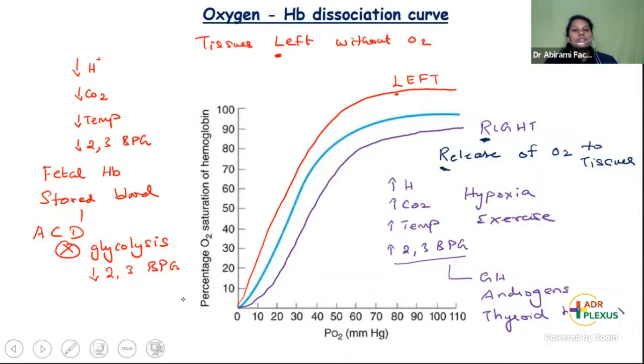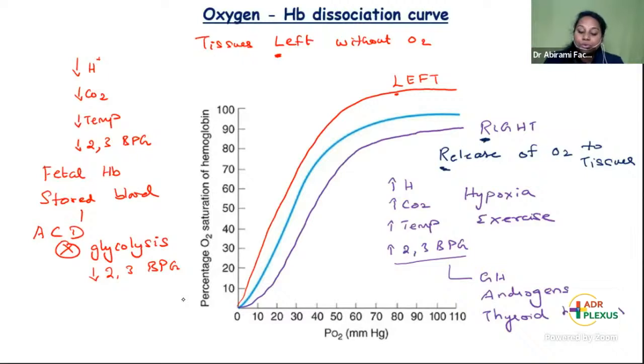Just think of this. If a patient is suffering from hypoxia and he is in need of blood transfusion, and you give this stored blood to the patient. Stored blood contains acid citrate dextrose, which will shift the curve to the left. If you give this blood to a hypoxia patient, the hemoglobin will hold all the oxygen and still the tissues will be left without oxygen.